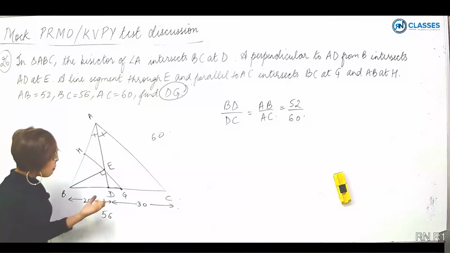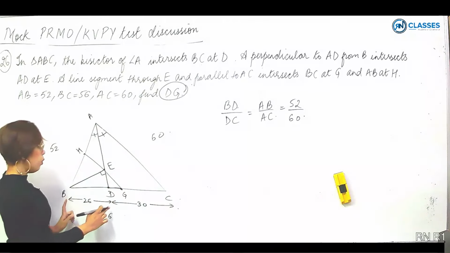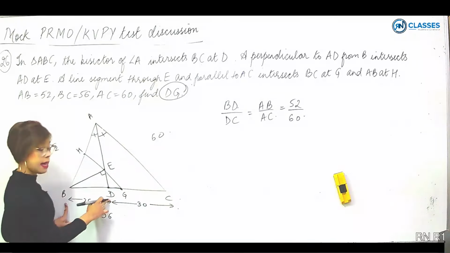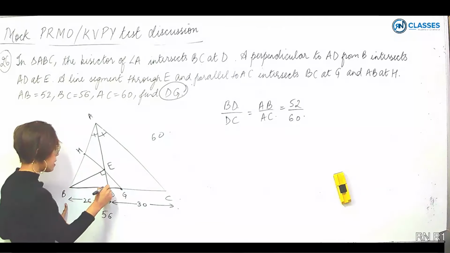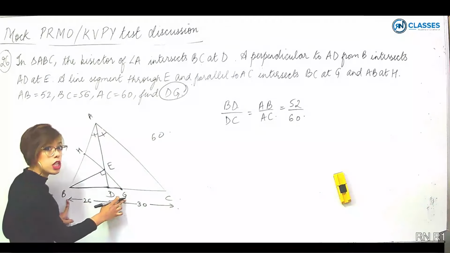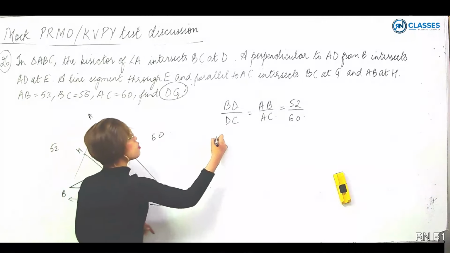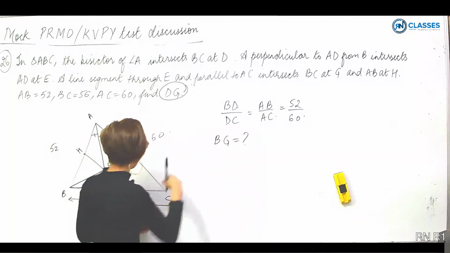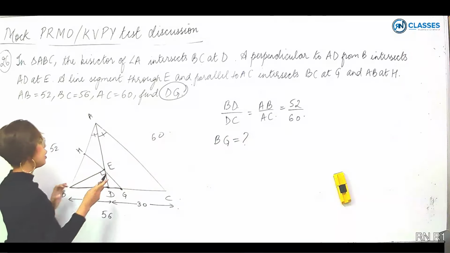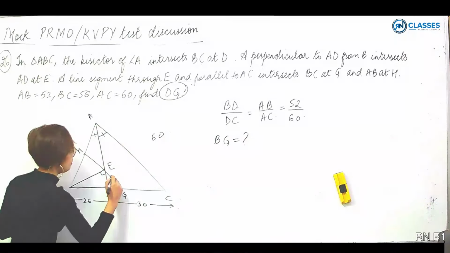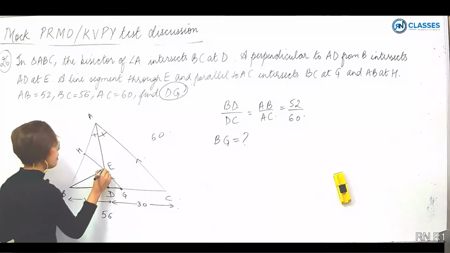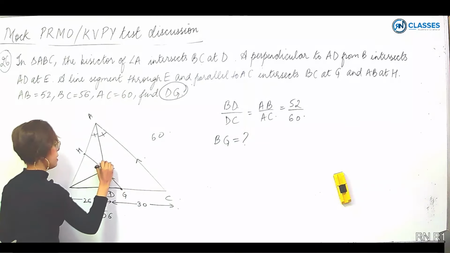Alright. Now, I am interested in the length DG. I already know BD. I know this length is 26. Somehow, if I can get BG, I can find BG minus BD. That will give me DG. So, I am interested in BG now. What I have not used is the fact that this line is parallel to this one, and that this angle is 90 degrees.